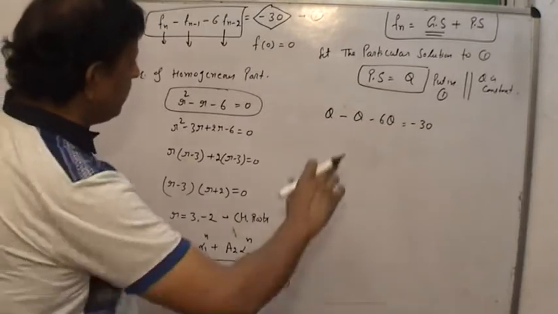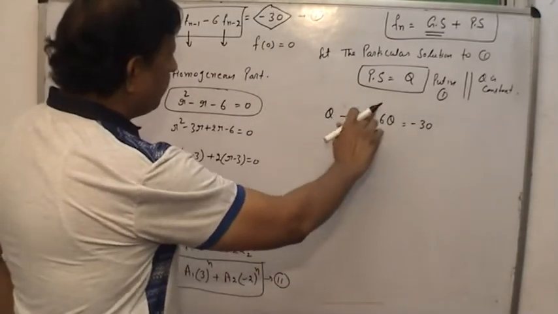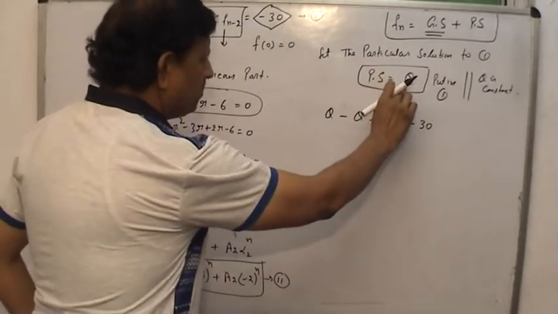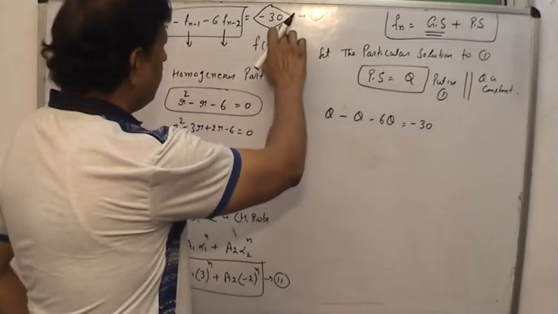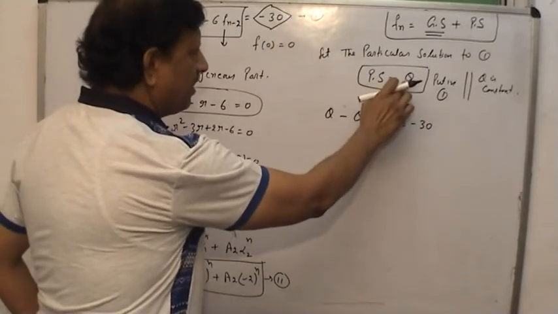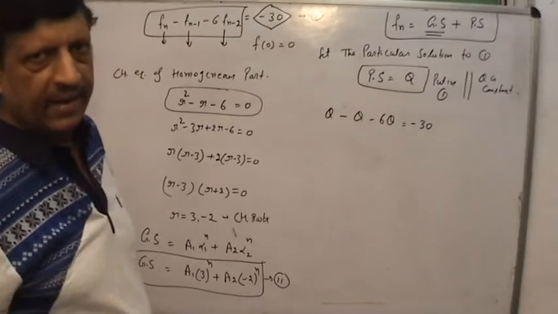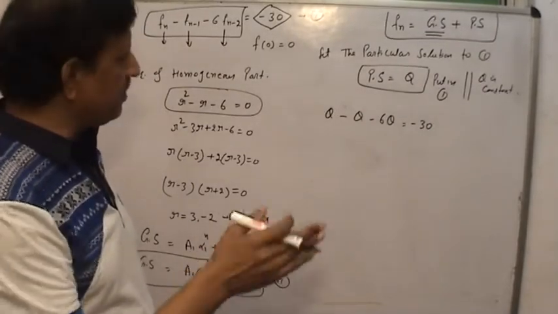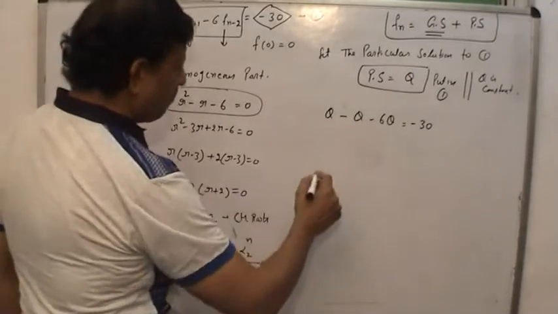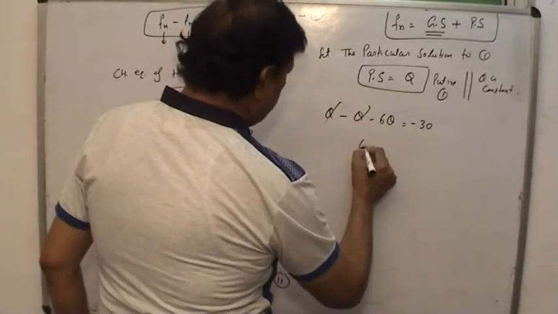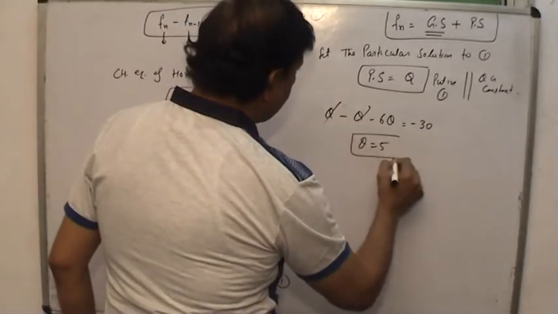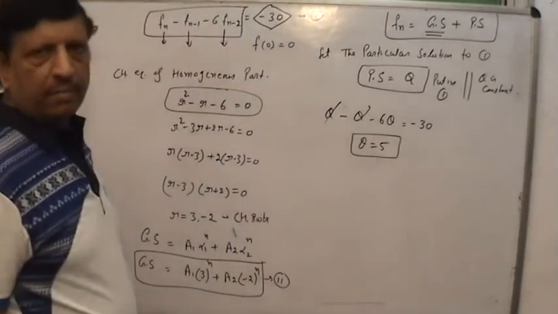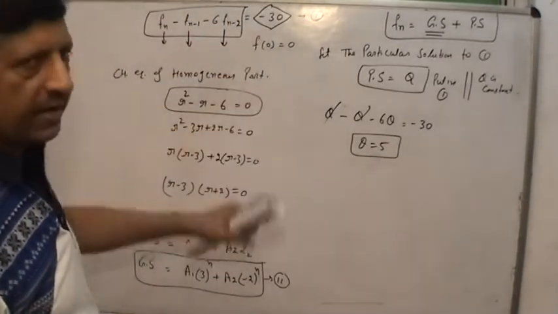Because I again stress this point: this is a constant in front of the constant and it does not contain any n. If the n comes, then how will it change? We will see in the next problem. Here we calculated Q is equal to 5 simply. It is the particular solution of the given recurrence relation.